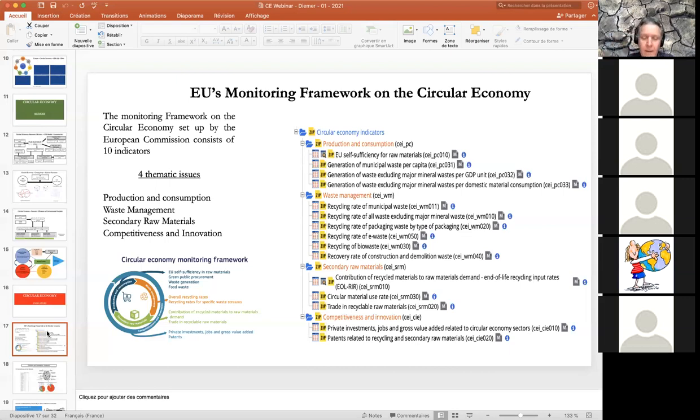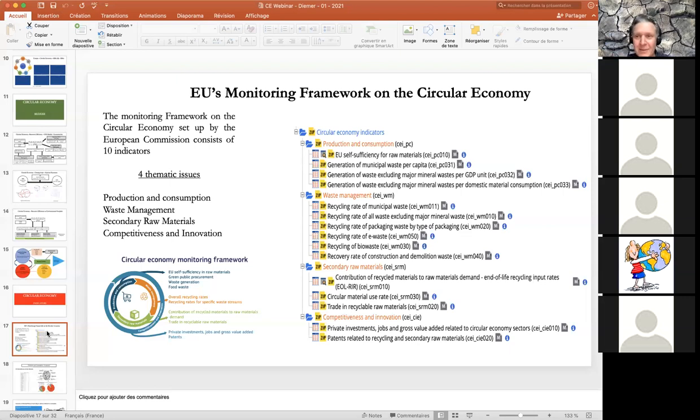If you just check the table, we are at around 15 indicators, not only 10. It's because we try to understand more and more what we can measure and what the connections between the indicators are.